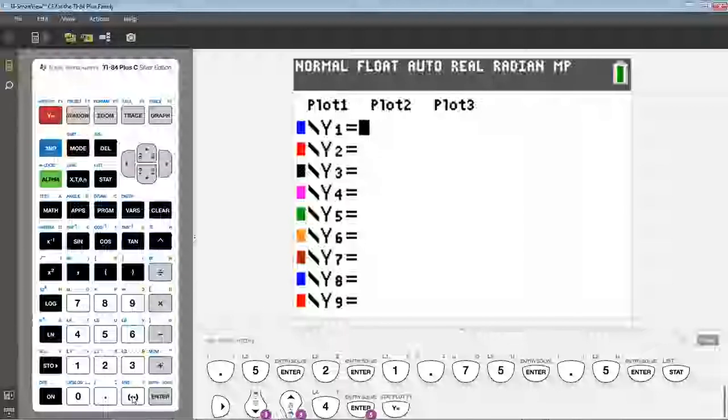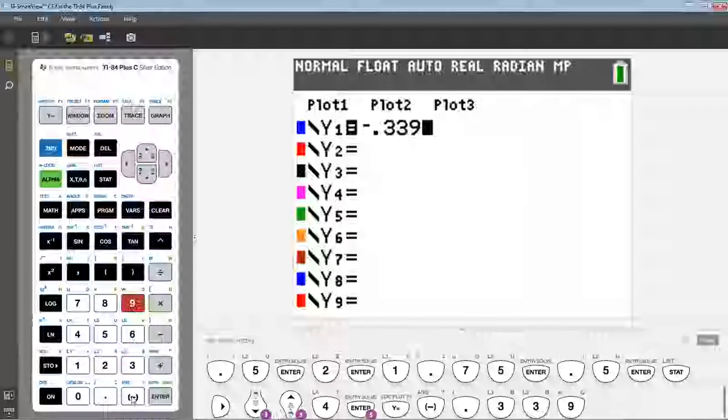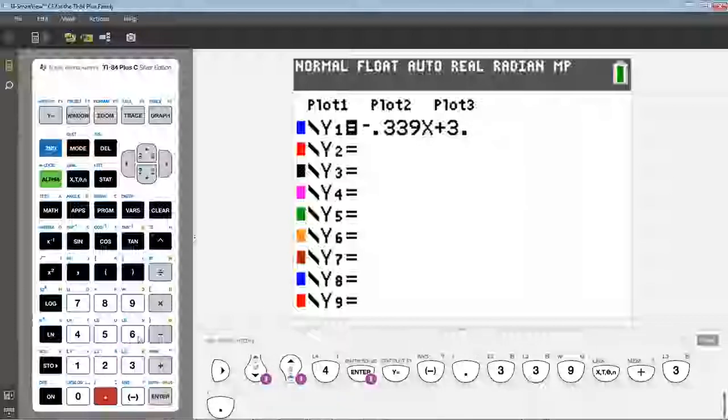So we're going to click negative 0.339, and then we will hit this for the x variable, plus 3.66. Make sure that your equation looks just like this. Y equals negative 0.339x. Very often this x is missed, plus 3.66.